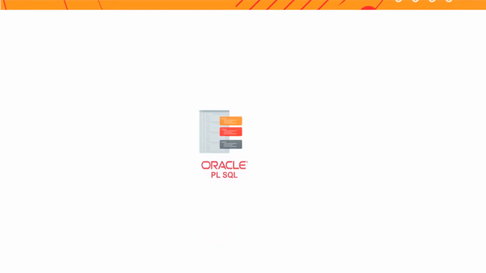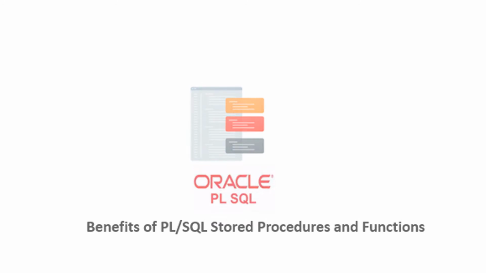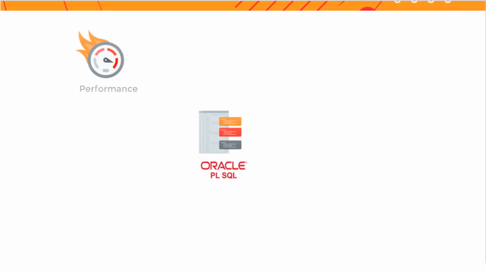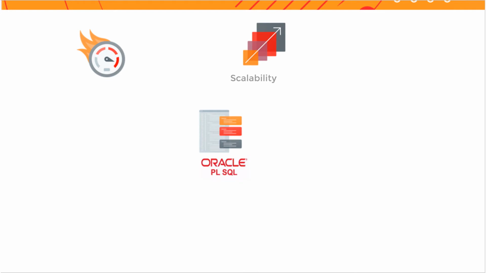Stored procedures and functions have a number of benefits. Performance. After creating a stored procedure or a function, you can compile it once and store it in executable form. You can invoke it with a single call, thereby making the process quick and efficient. Scalability.